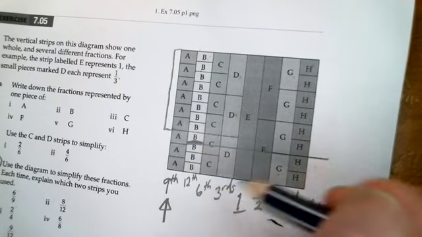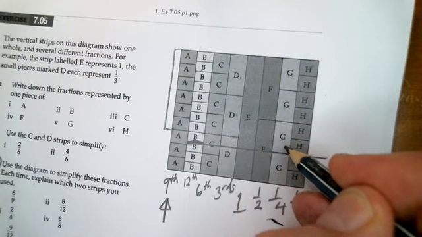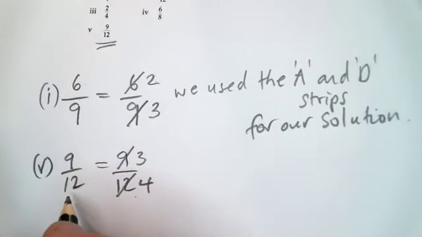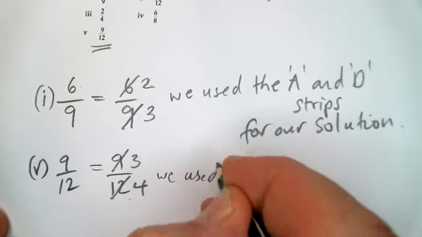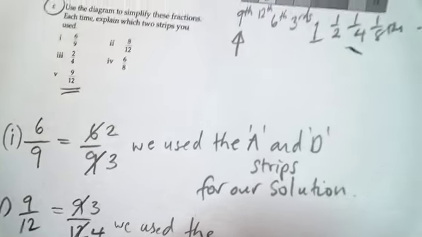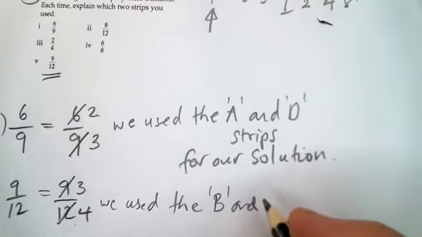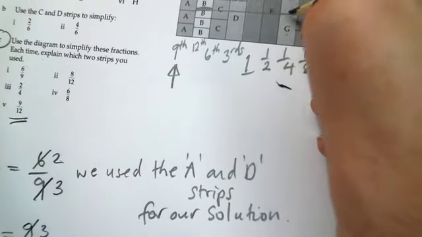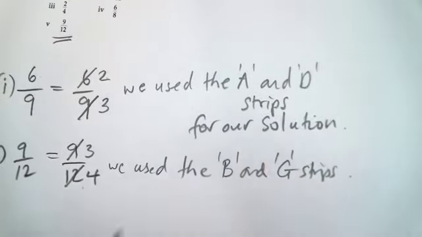But 9 is at the point where we've got 1, 2, 3 of them. So we can say that 9/12 is the same as 3/4, and we can say we used in this case the 12ths, which are the B strips, and the G strips. And that's what we're really being asked to do.